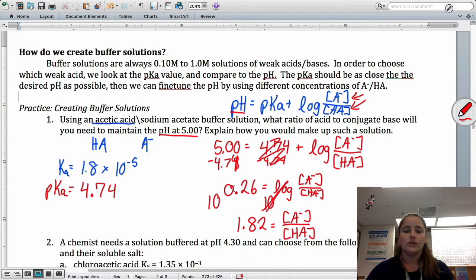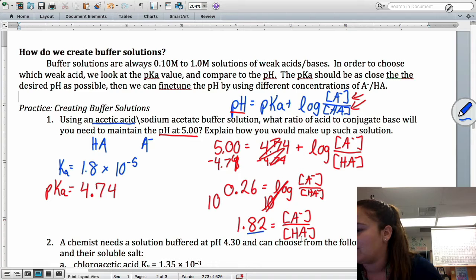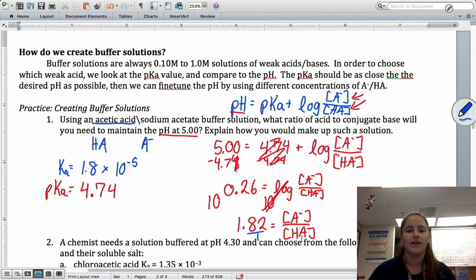So we know my ratio of A minus to HA must be 1.82 of A minus. You can kind of picture it like over 1 here.